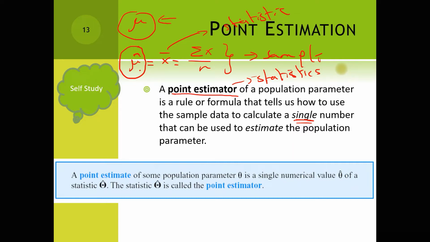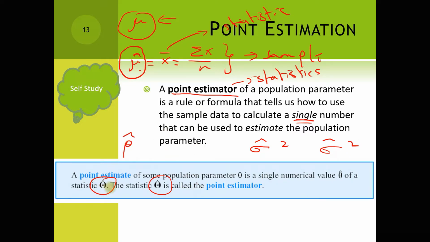Now, for the point estimator, as I said, you will represent it by a cap on it. This is a general definition for any point estimator. It could be sigma squared cap. It could be sigma cap. It could be p cap. It could be anything.